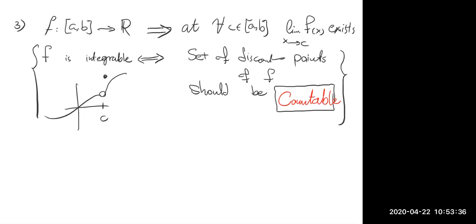As you can see, the function f is not continuous at c, but the limit does exist. So suppose we have a limit at every point c, there might be a lot more discontinuous points then. So we want to show f is Riemann integrable.